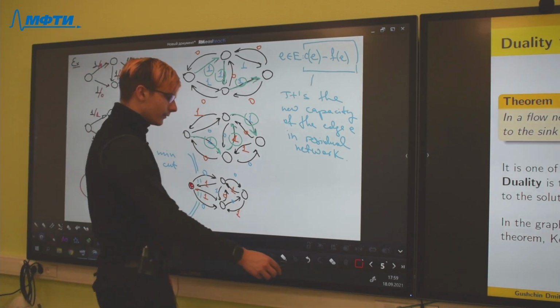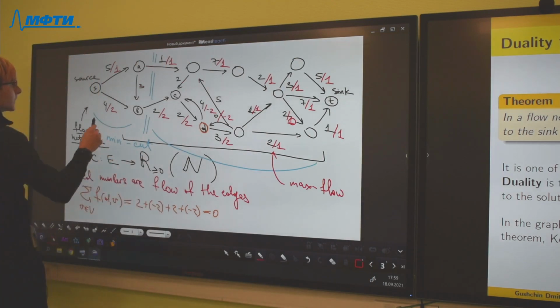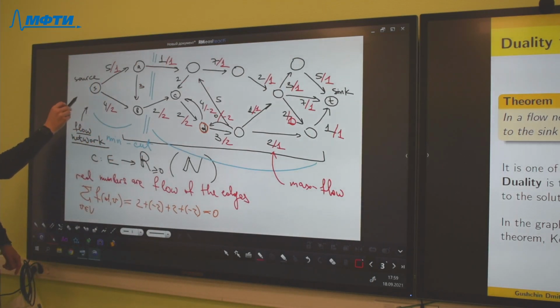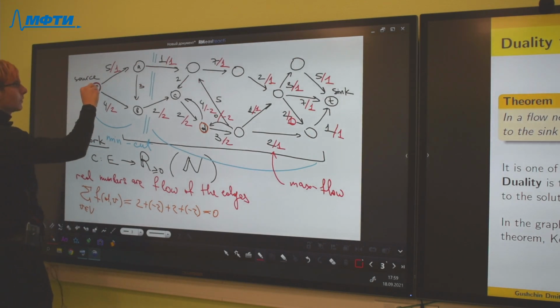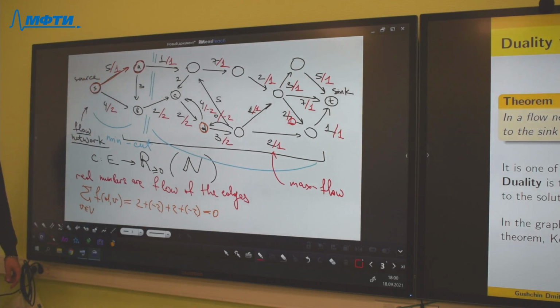And for example, for the previous one, if we get the residual network from the source, we can go to A, because 5 minus 1 is equal to 4, and we have an edge from S to A in the residual network that has capacity equal to 4, bigger than 0.